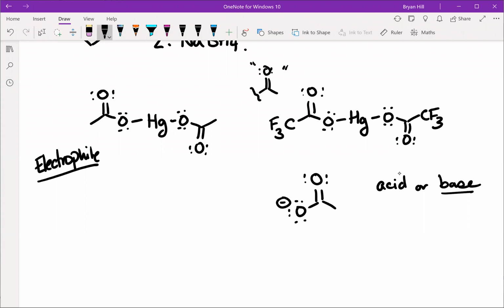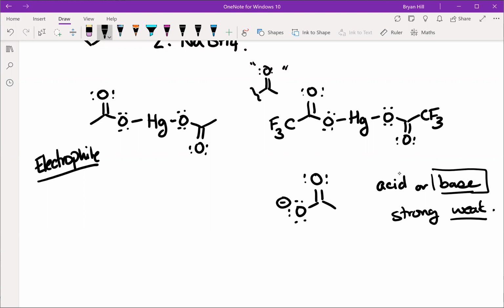Okay, good. And then the next question is, would it be a strong base or a weak base? Weak base. Okay, and why would it be a weak base?